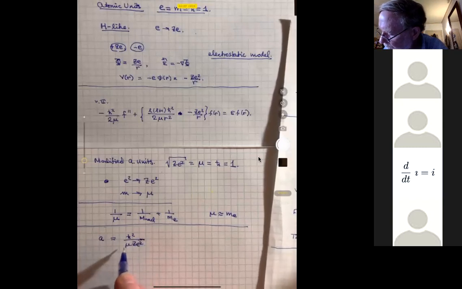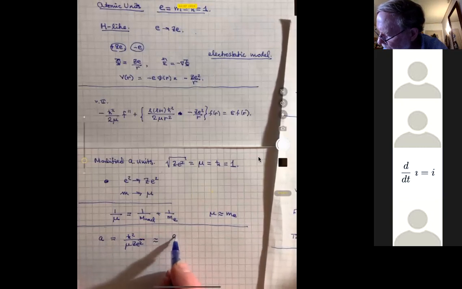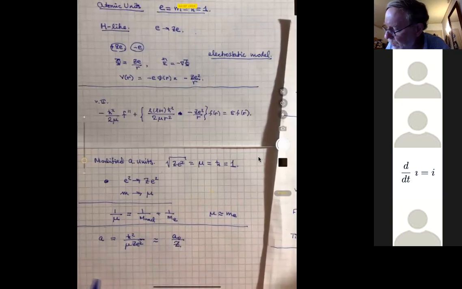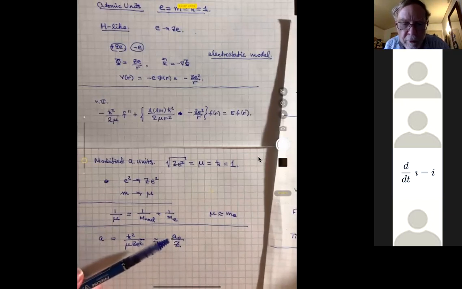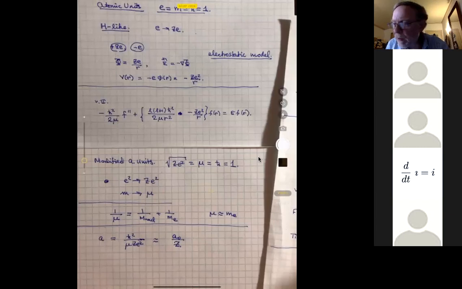And this, ignoring the difference between mu and m, is approximately equal to the Bohr radius a naught divided by Z. This is essentially a dimensional analysis we're doing here. And what it shows you is that hydrogen-like atoms have an effective Bohr radius, which is equal to the usual Bohr radius divided by the nuclear charge. So hydrogen-like uranium, for example, has an effective Bohr radius that's 92 times smaller than an ordinary hydrogen atom.